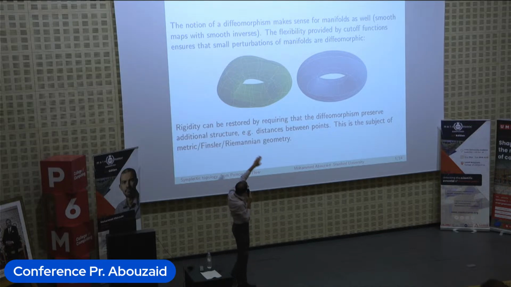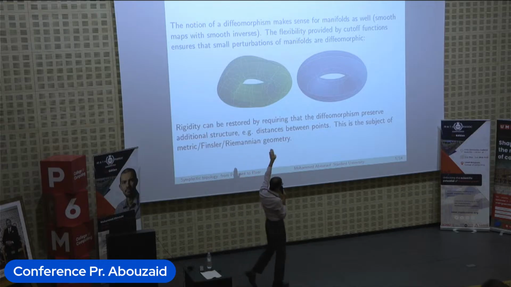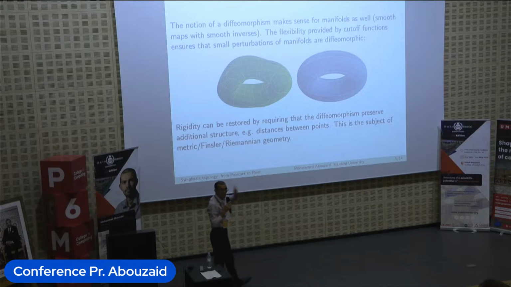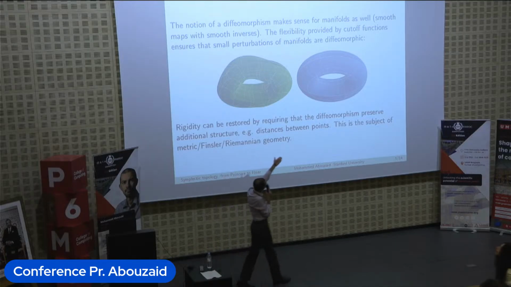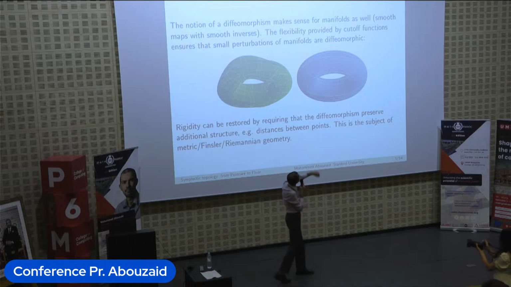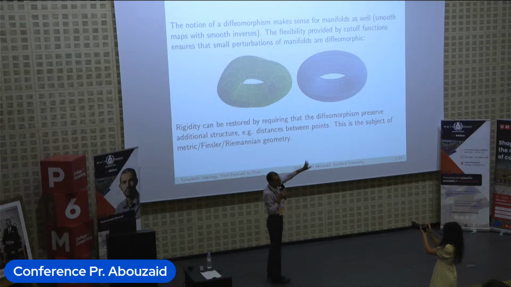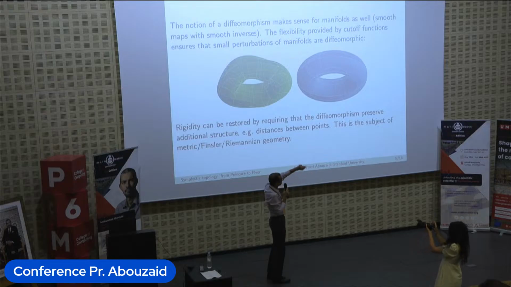In differential topology, that's not what you see. But you can restore this rigidity by going back to geometry and having some notion of distance. So this blue thing lives in 3 space. I take any 2 points. There's a distance between them. You don't want to take the straight line distance. It's better to take the distance along the manifold. It's not a big deal.